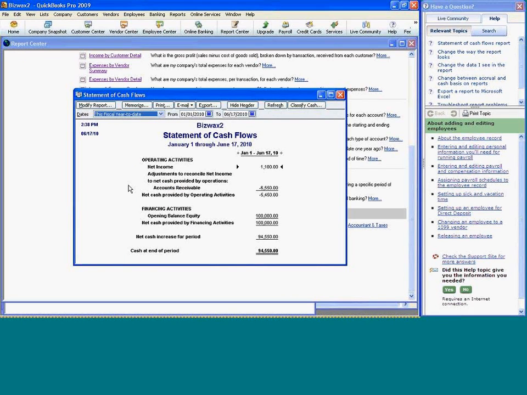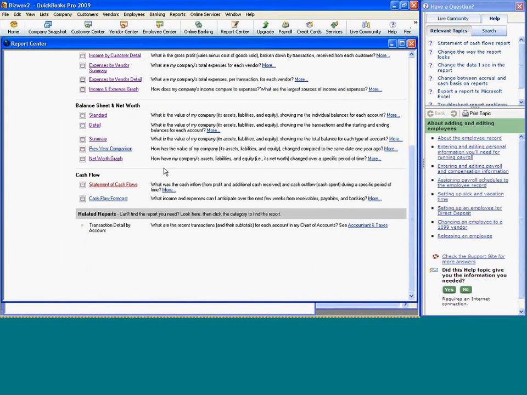The statement of cash flows shows the net income, how much cash went out, how much cash went in, and that's the cash at the end of the period. We started $100,000, we now have $94,550, and then we have then again the $6,500 of accounts receivable.